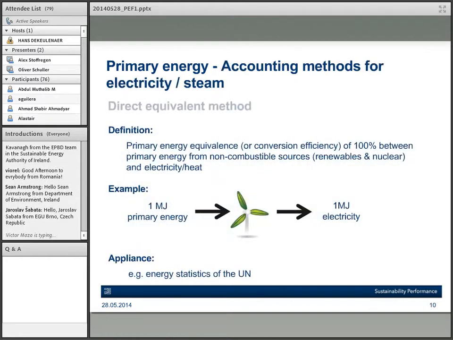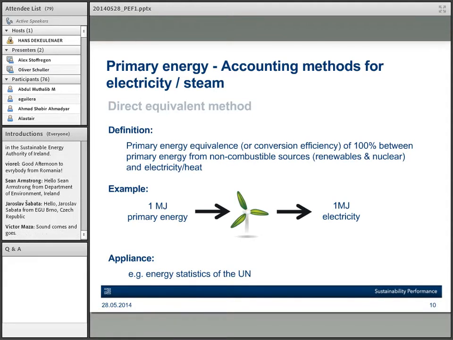So if we go on with the accounting methods which are used in energy statistics, the first one is the direct equivalent method used by UN statistics, and it's basically very simple. What they assume is simply that there's a primary energy equivalent or conversion efficiency of 100% between the ingoing primary energy and the electricity or heat output.